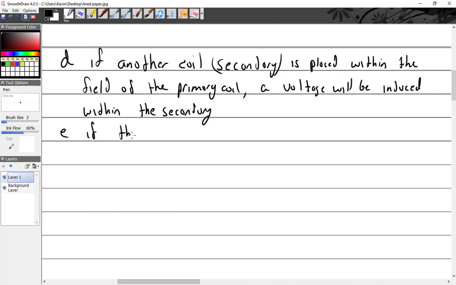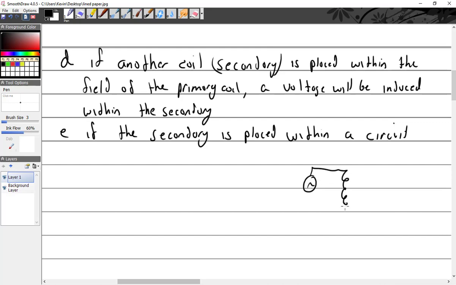If the secondary is placed within a circuit, let me just do this here. Is the primary within a circuit? Yes, it is. How can I tell that? Because it has the coil going around. It's continuous. Okay, it's a continuous circuit.